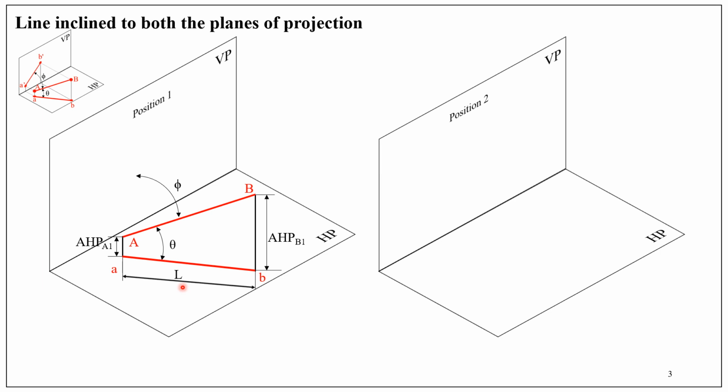Now we are going to rotate this line about A. How? Do not change theta. So we are going to keep theta as such, but vary phi. How to do that?